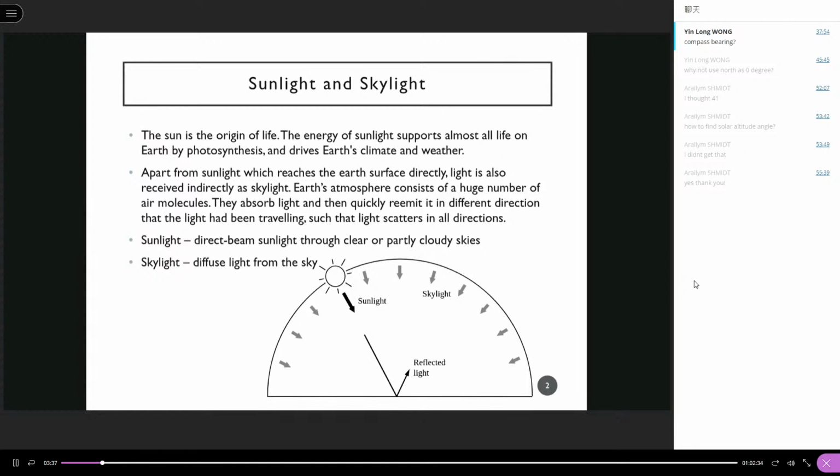It means that blue light scatters more compared to red light. So the blue light is scattering everywhere along the whole sky hemisphere. And that's why the sky is seen to be blue in color, but not red, because blue light is more effective in scattering.